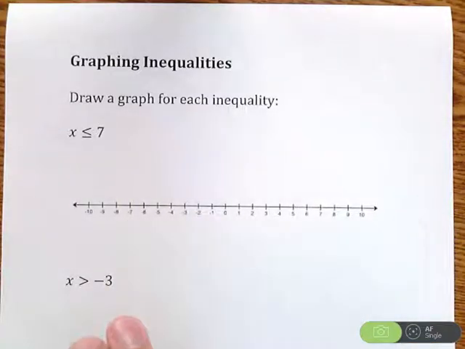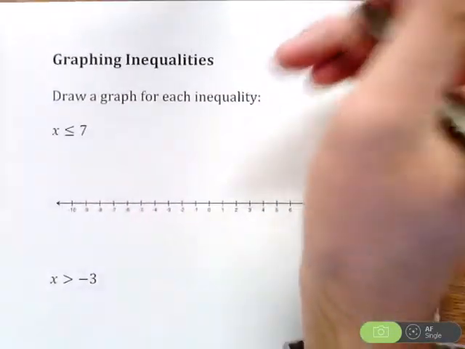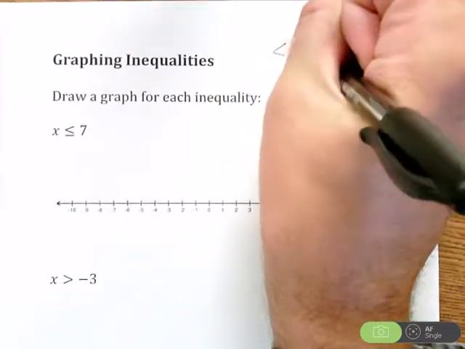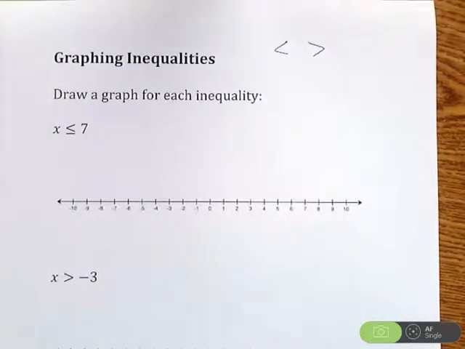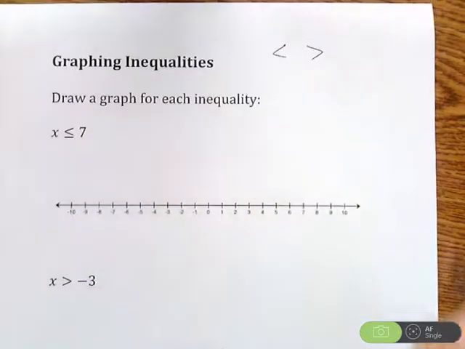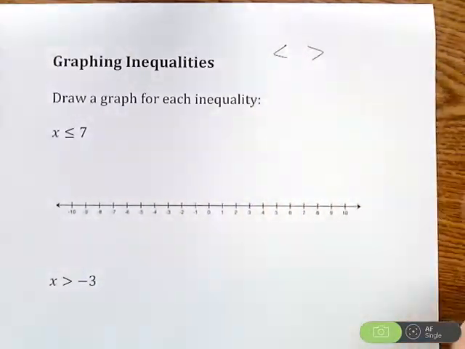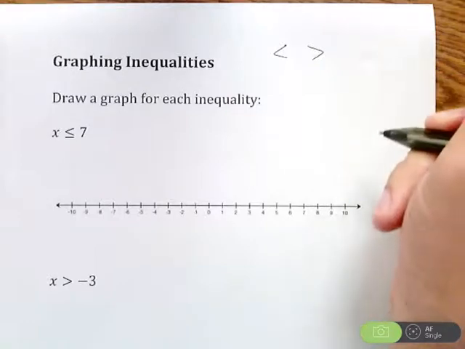Now there are a few things you're going to have to understand. Since we are dealing with inequalities, the inequalities drive a lot of how to graph these. If we have a less than or a greater than, we're going to use open circles in our graphing, as I'll show you through example.